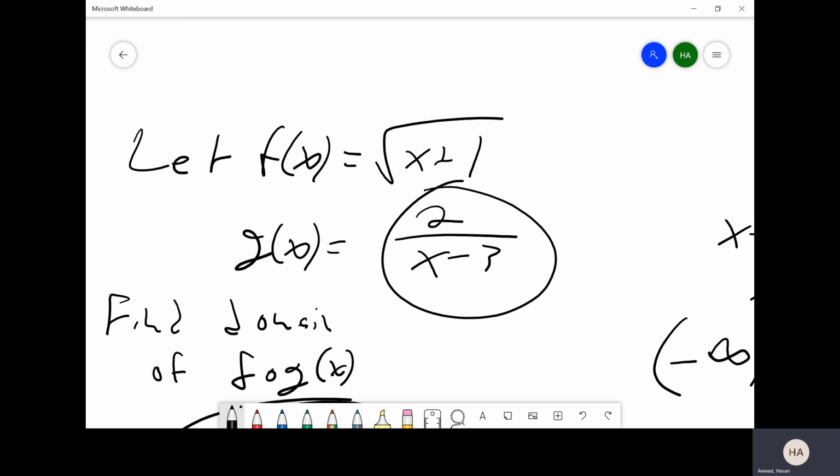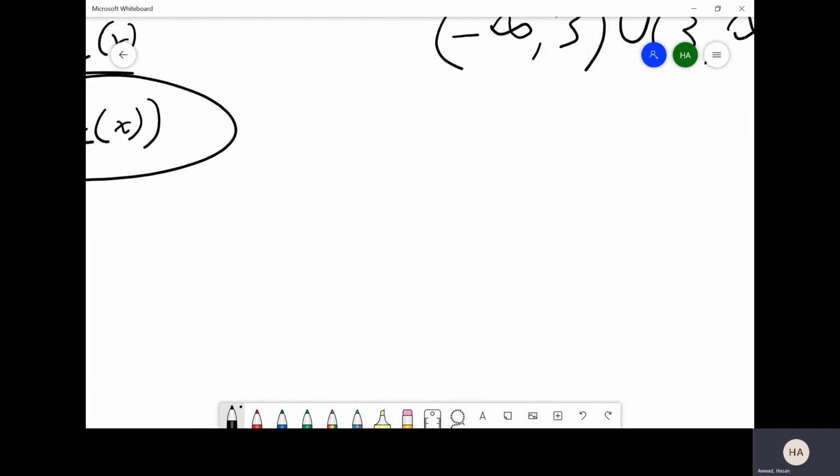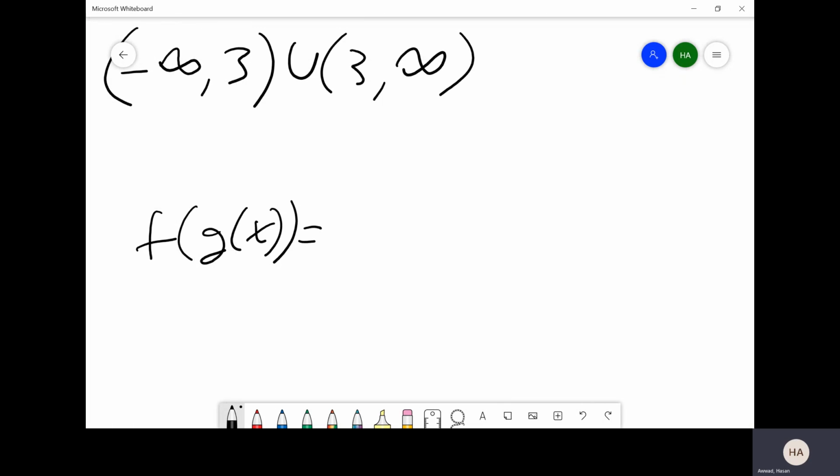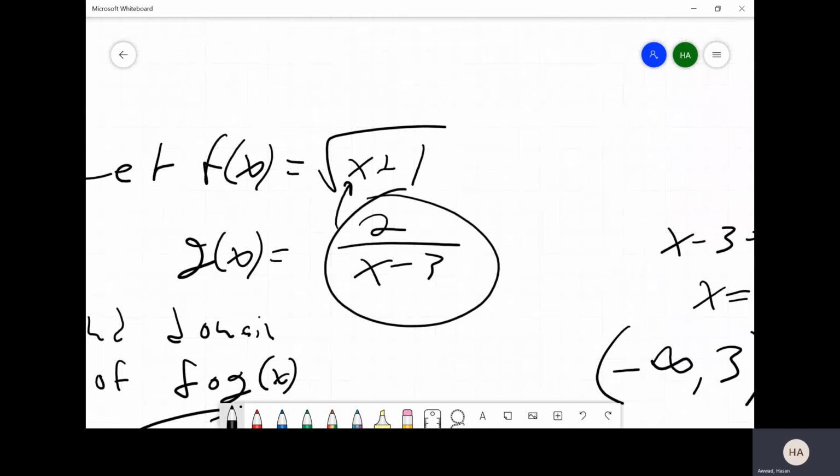And this is going to be your entire input for wherever there is an x in the function f. So this whole thing circled is going to be plugged in and put in for that x that's in f of x. So let's write this out. We're going to have f composed with g at x. Well, this is equal to the square root of, because again, we're dealing with the square root.